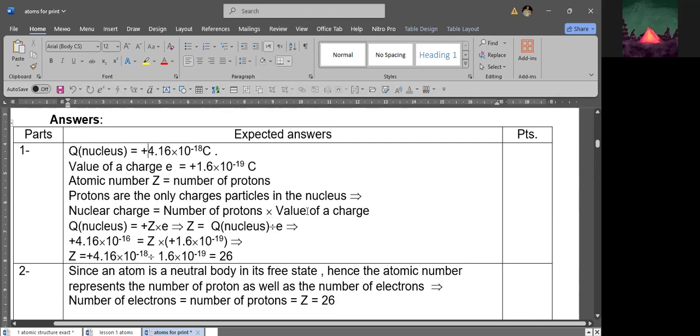Nuclear charge equals the number of protons times the value of a charge, so plus Z times E, where the charge of the nucleus is given. I'm giving you this and this, so mathematically it's very easy. We divide the charge of the nucleus by E, which is given here, and we get the atomic number. Z equals 26, the atomic number of iron.